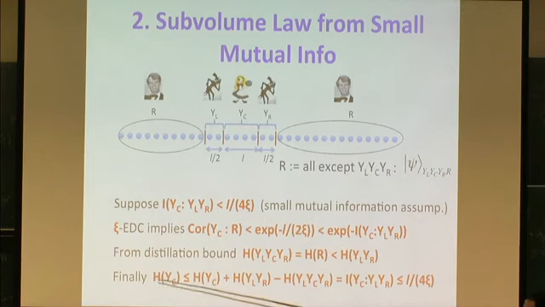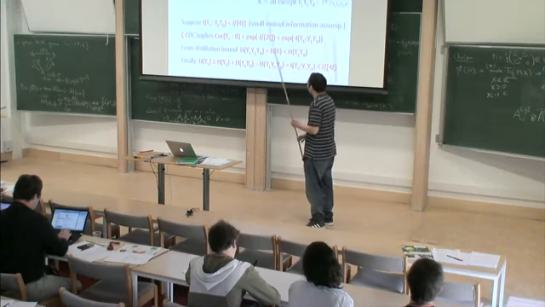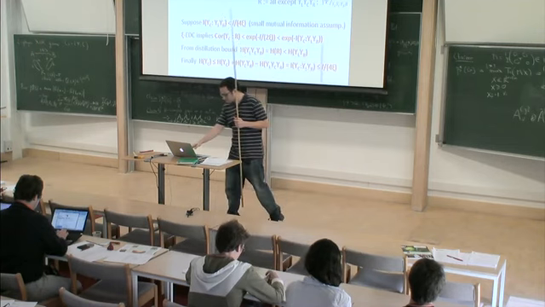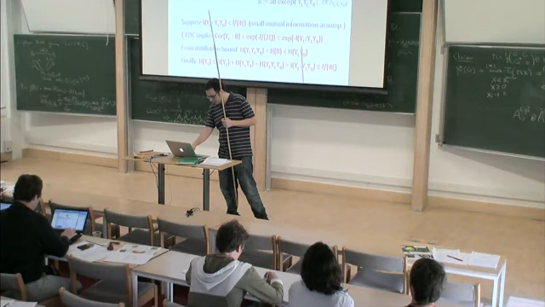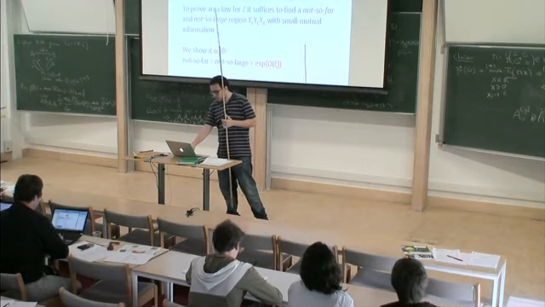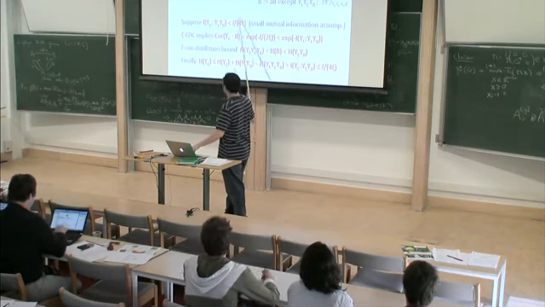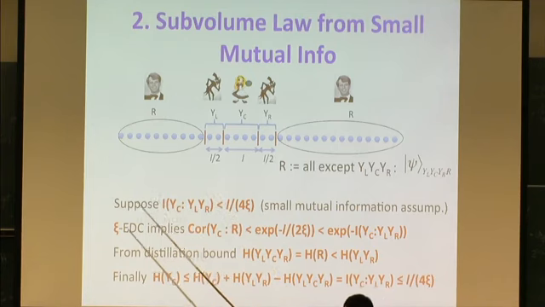The entropy of the central region is smaller than this term. Okay. So again, this exponential decay of correlations and this new assumption that we have. Right. So what does this imply? This implies that if we can find this region of small mutual information, then we have an area law, right?